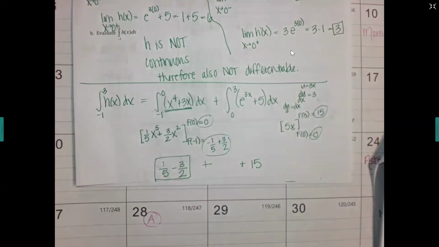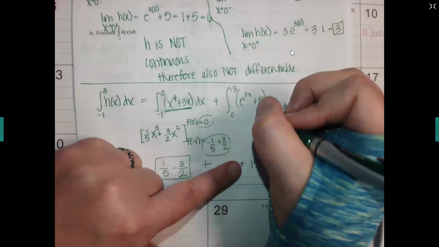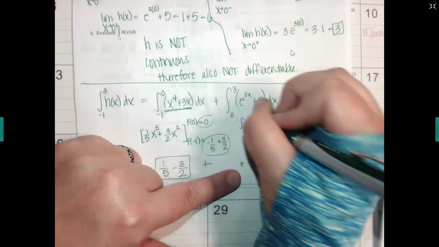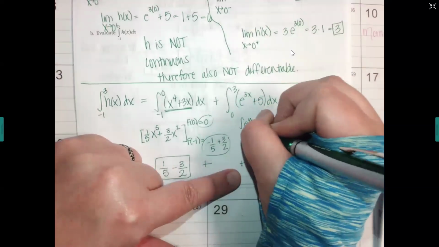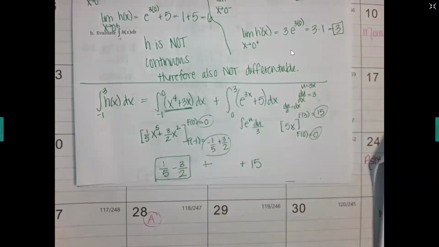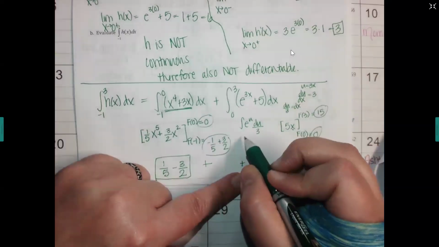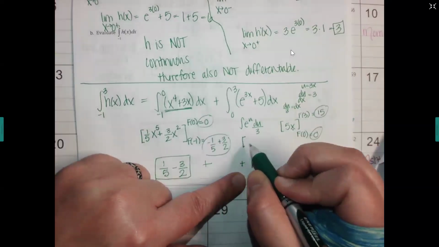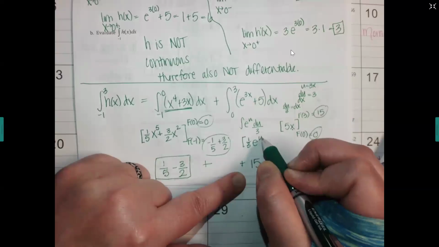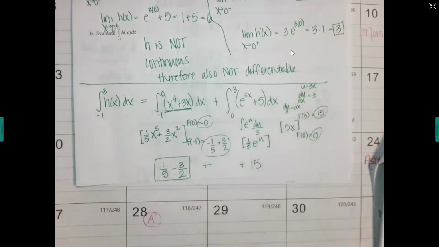And so for this term, it's going to be e to the u du over 3. And then what is the antiderivative of e to the u? One-third still e to the u. Because remember, e to the u is its own guy.